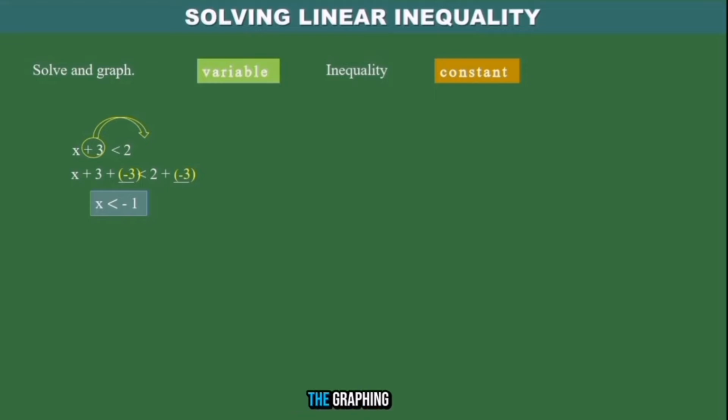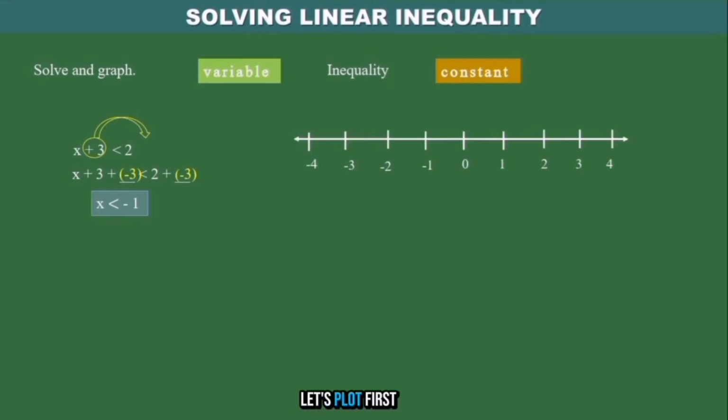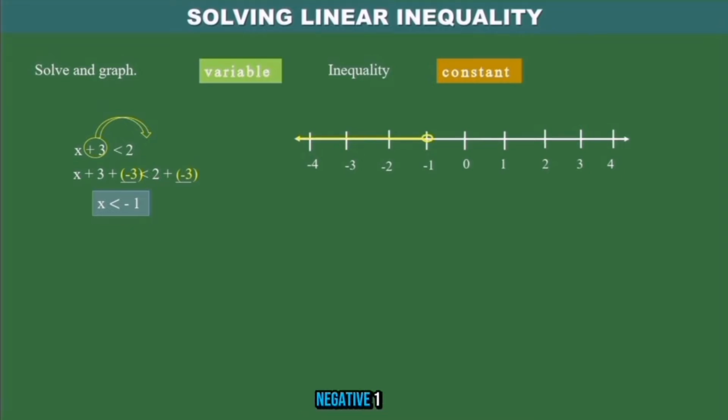Now, let's do the graphing. Let's plot first the endpoint, which is the negative 1. If you are wondering why the dot is not shaded, it means the negative 1 is not included in the solution. Since the symbol is less than, the line will be running going to the left side.